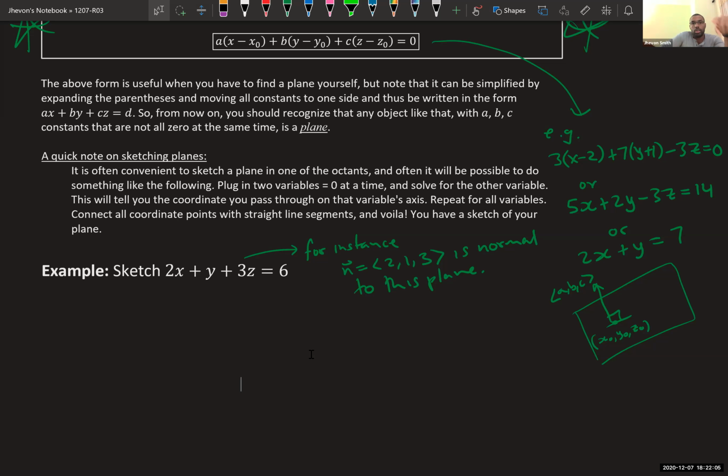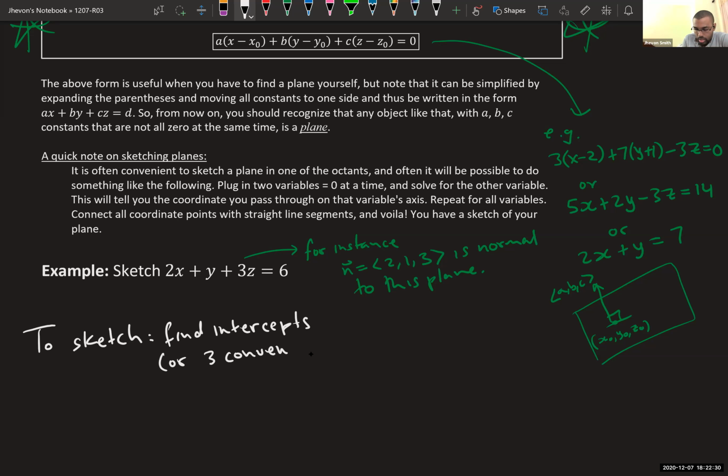Okay, so what you would do to sketch a plane: find intercepts, or 3 convenient points, and connect them with lines.